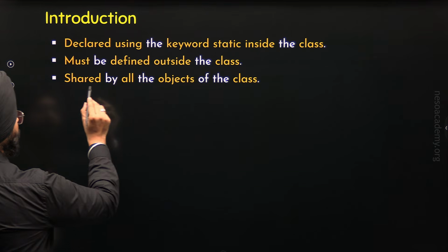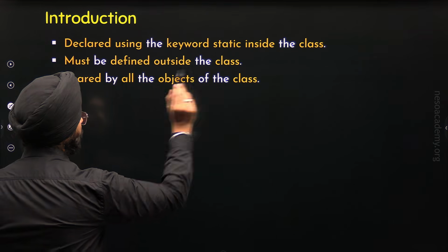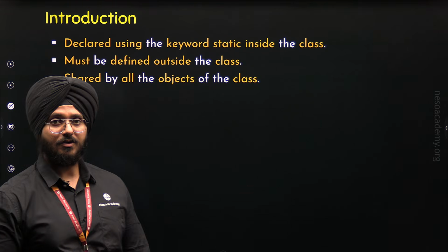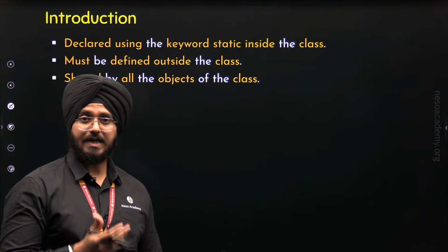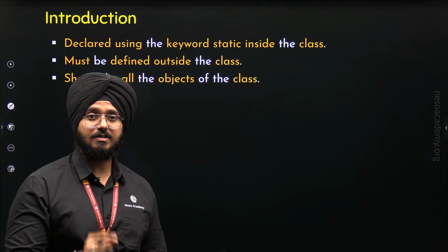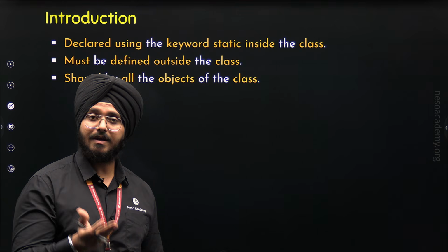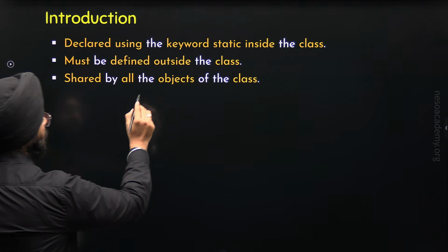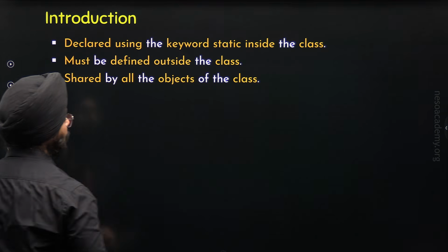Also, it is shared by all the objects of the class. It is not the case that each object will receive its own copy of the static data member. Every object has to share the same copy of the static data member. So it is shared by all the objects of the class.